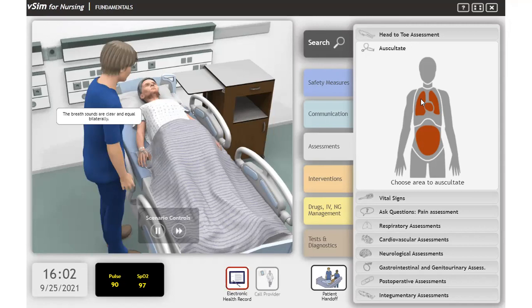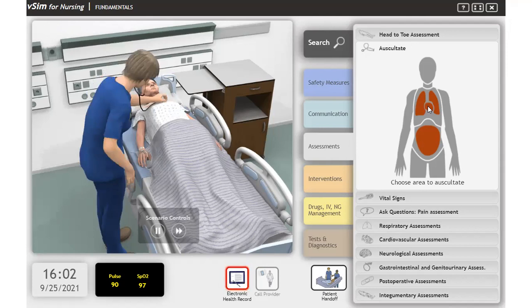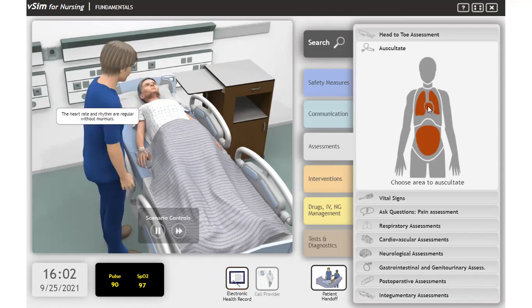The breath sounds are clear and equal bilaterally. Please try to be still as I listen to your heart sounds with my stethoscope. The heart rate and rhythm are regular without murmurs.